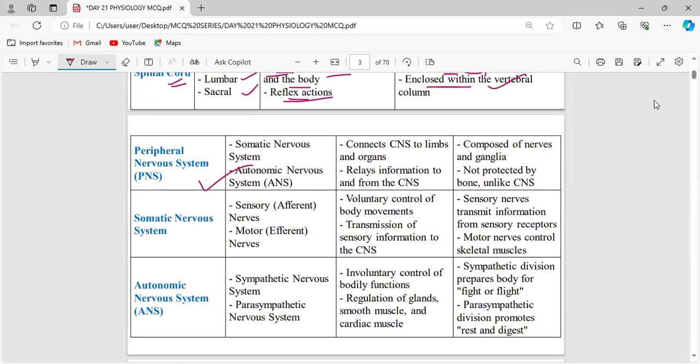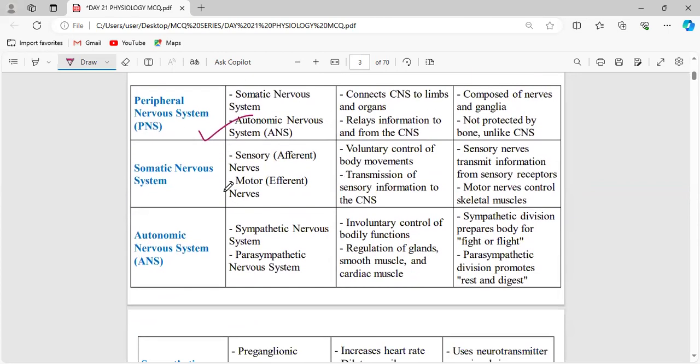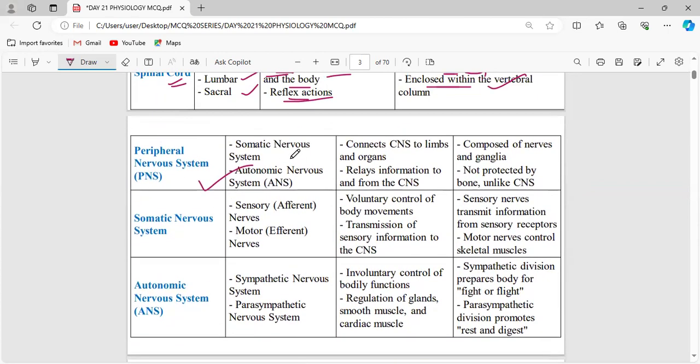Right, now what is the peripheral nervous system? What are the subcomponents present in it? The somatic nervous system and the autonomic nervous system. This peripheral nervous system connects the CNS to the limbs and the other organs. It relays the information to and from the central nervous system.